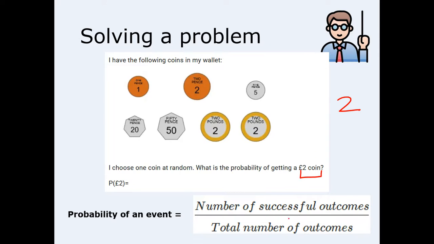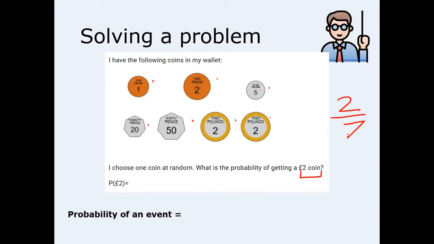How many different coins are there? How many coins are there in the wallet? There are 1, 2, 3, 4, 5, 6, 7. So the probability of getting a £2 coin is 2 out of 7. The two £2 coins out of the 7 coins.